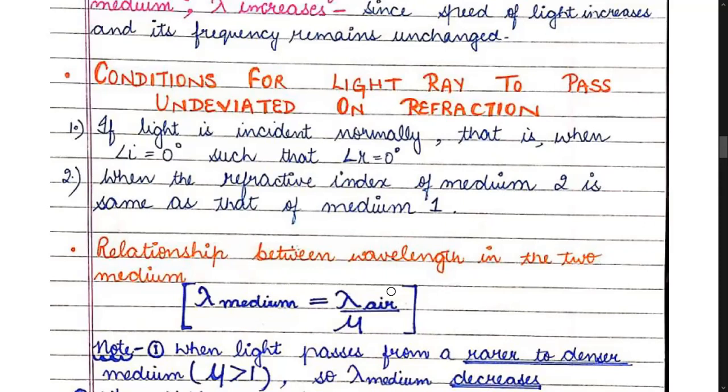Secondly, when the refractive index of medium 2 is the same as that of medium 1. If both mediums are equal, there will be no rarer and denser medium. Thus, the light will not change its path. So students, see here.